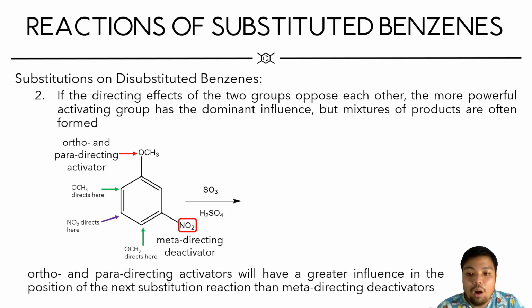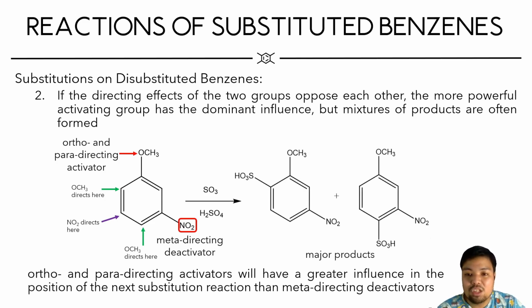So here, ortho and para directing activators will have a greater influence on the position of the next substitution reaction than the meta directing deactivators. Therefore, the sulfonic acid group will attach to the ortho and para position with respect to the methoxy group, as shown here.